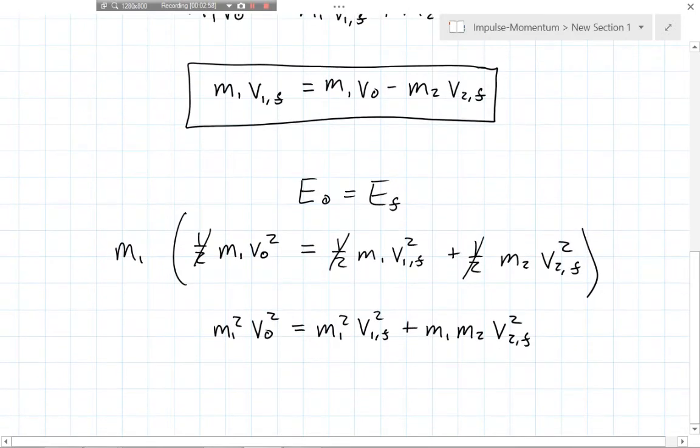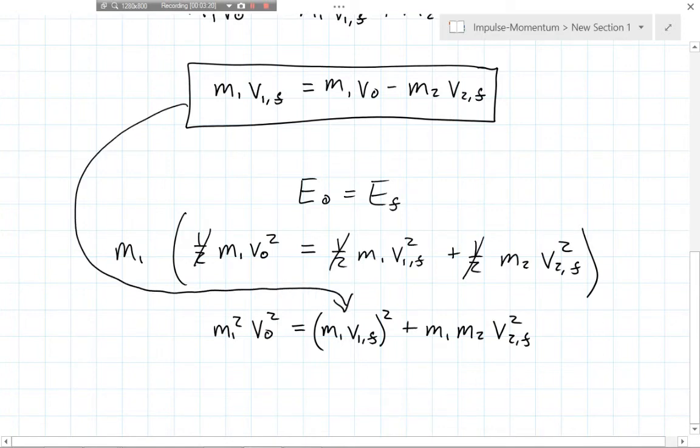And the reason I did this is because I know m1 v1 final is given by this equation right here. And now, right here, I have m1 v1 final quantity squared, right? I could rewrite this as m1 v1 final, all of that squared. So I'm going to take this equation I found up here from conservation of momentum, and plug it in down here.